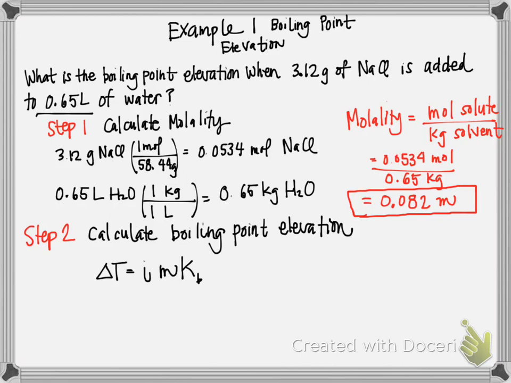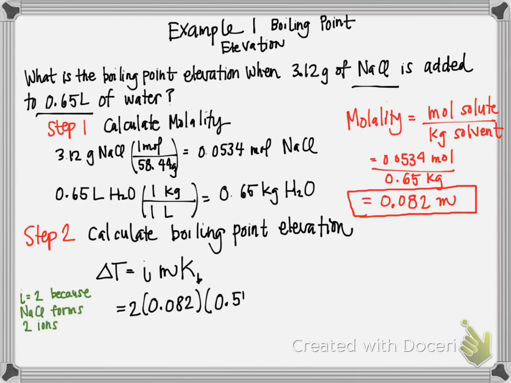So now i is going to be 2 because when NaCl dissociates, you have 2 ions. Our molality is calculated at 0.082, and then our Kb of water is 0.512. Multiply those all together, and there is your answer.